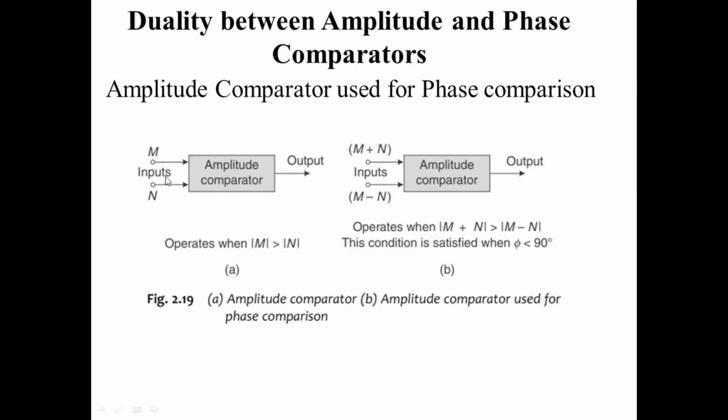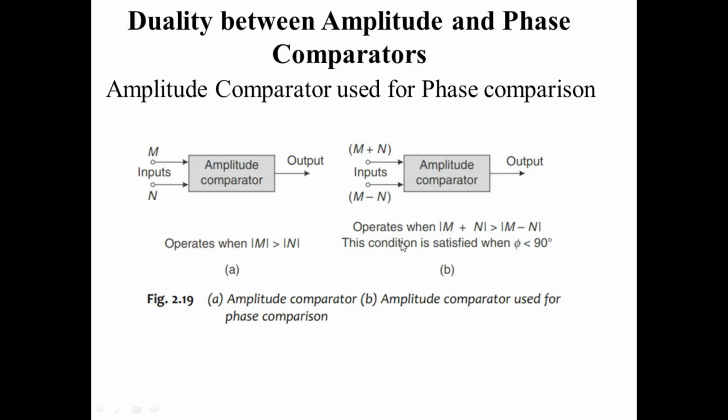When the operating quantity is greater than the restraining quantity, the relay operates. So the condition explained here is that it operates when M is greater than N.